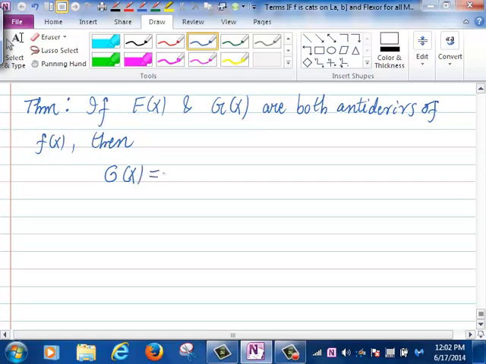Then G of x is F of x plus C for some constant C.